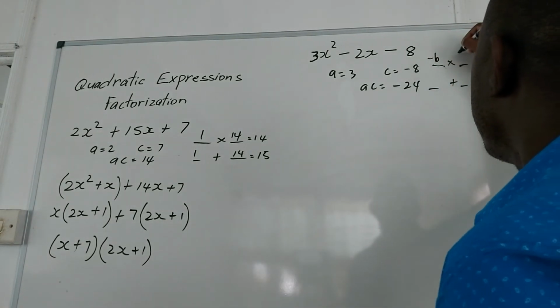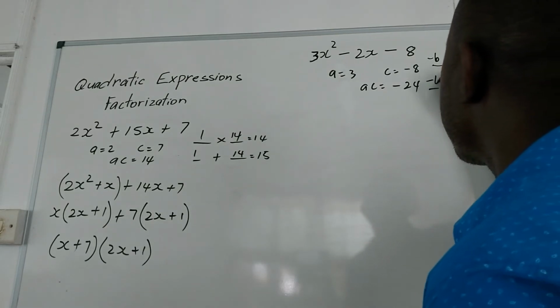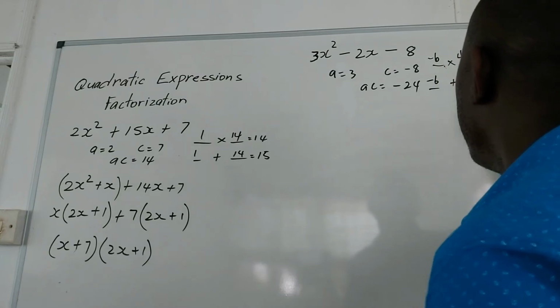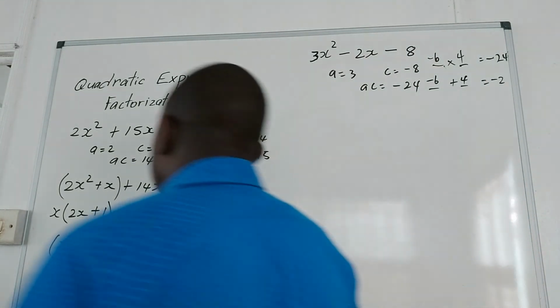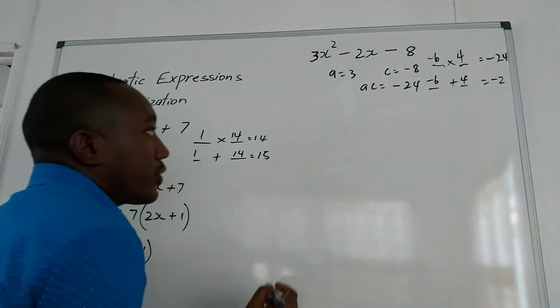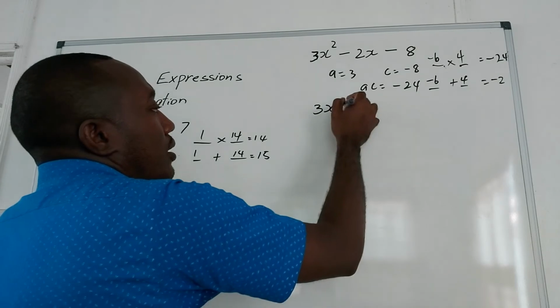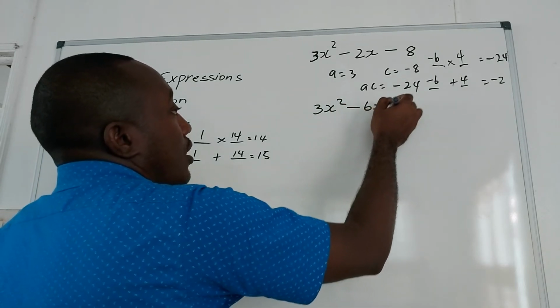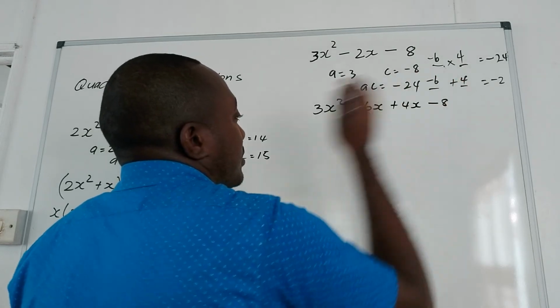Negative 6 times positive 4. And when we add negative 6 and positive 4, we will get negative 2. So next step, we will rewrite our equation. So we have 3x squared, take 6x plus 4x, take 8.